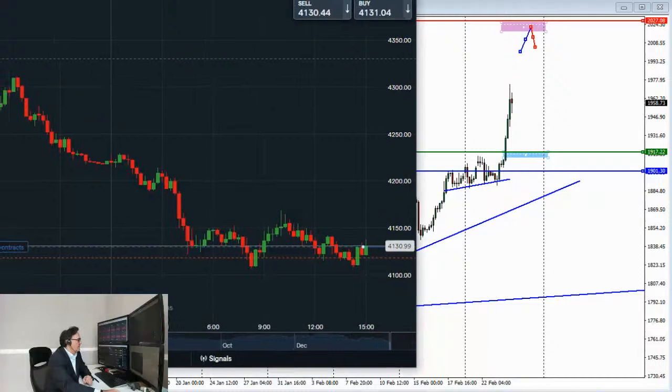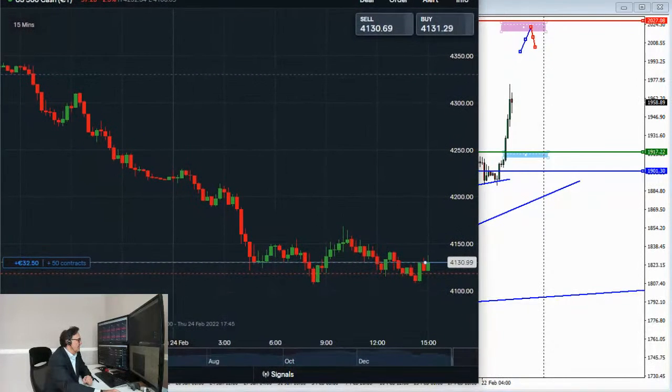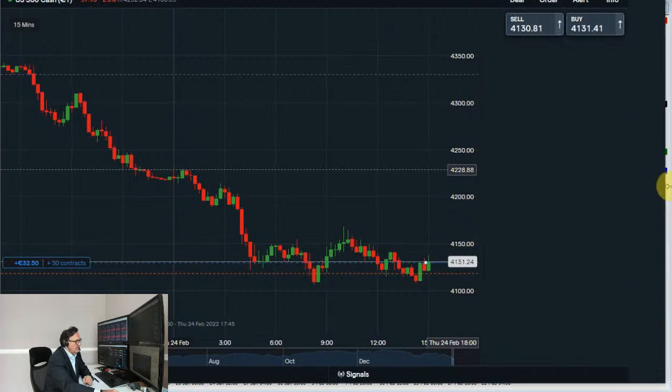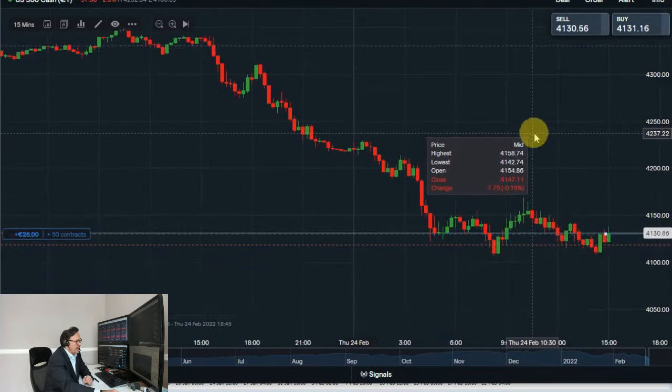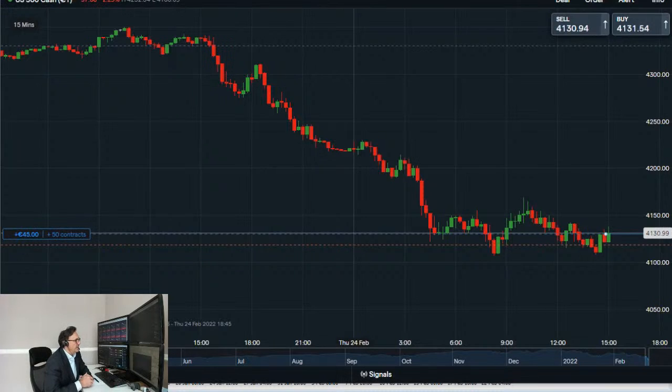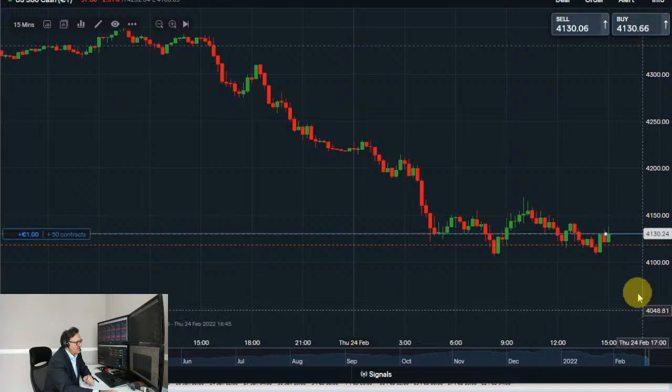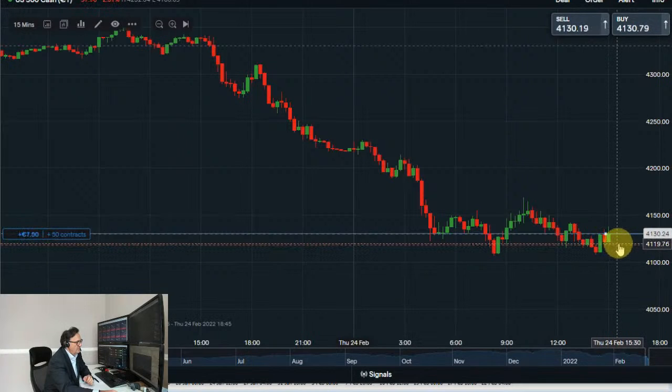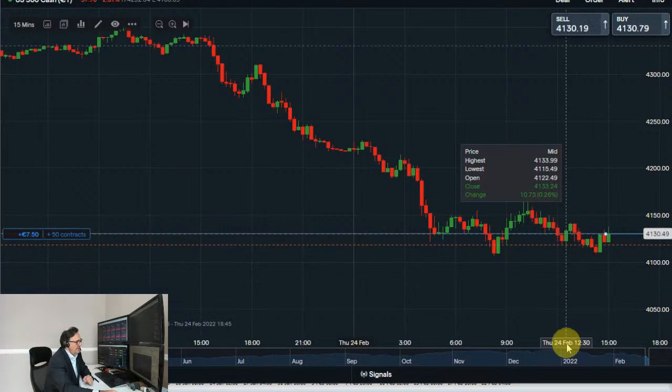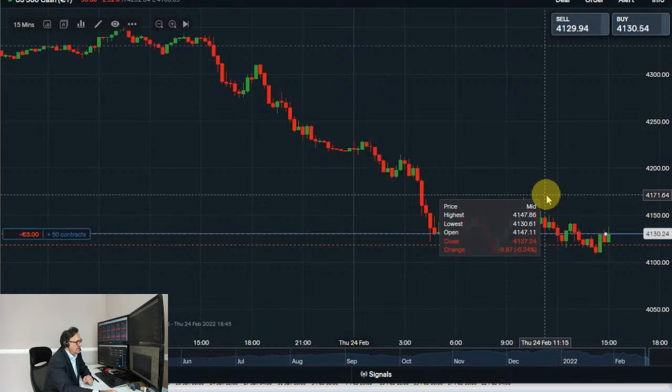So here we go. This is my S&P. I am currently long. You can see where I entered at 41.30. My stop is just down here at 41.20, and I would like to take profits up here at 41.70.